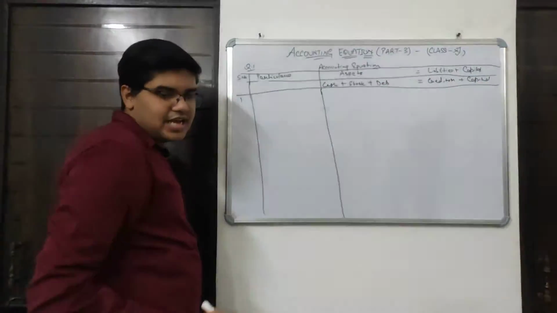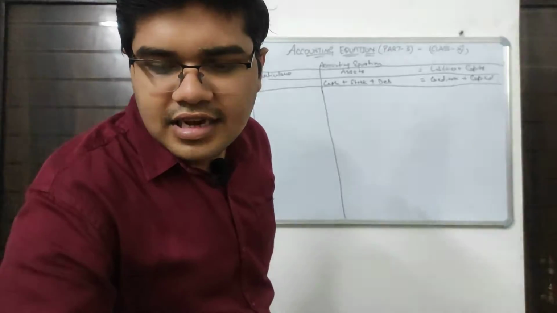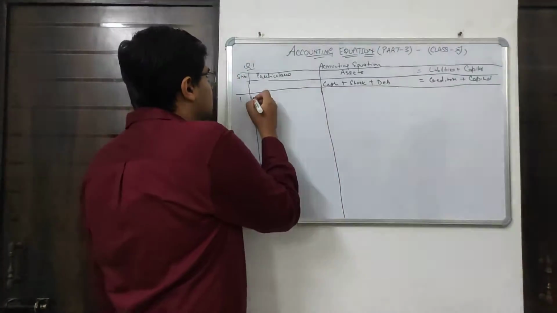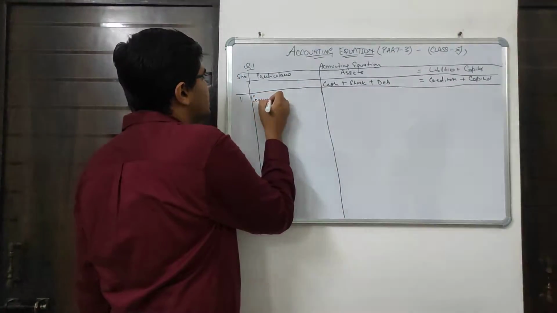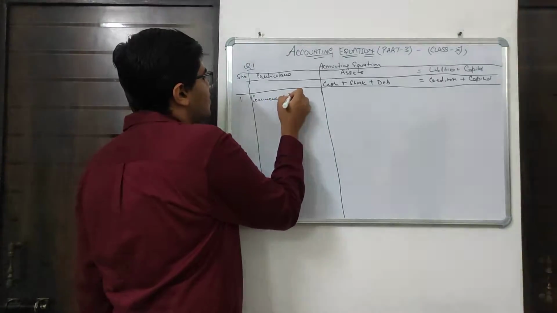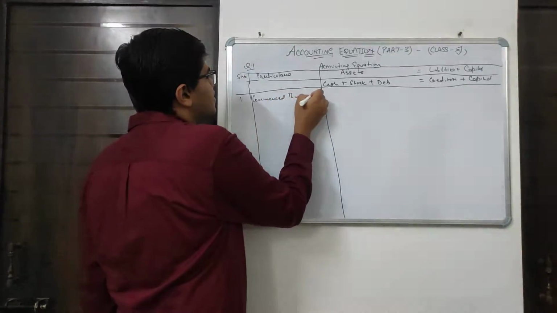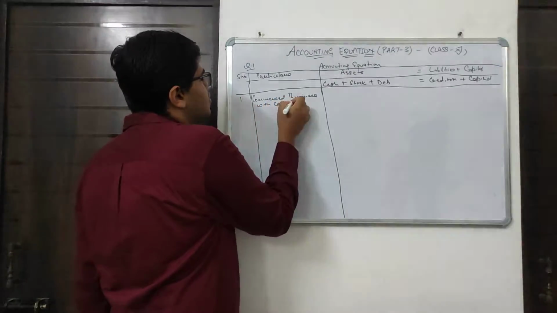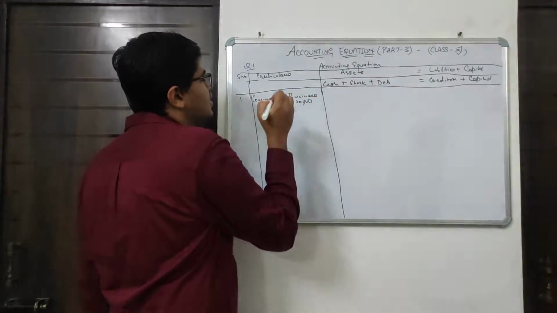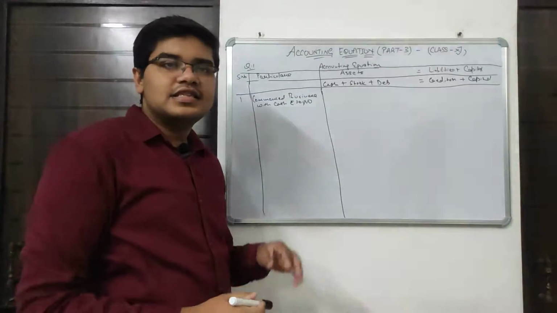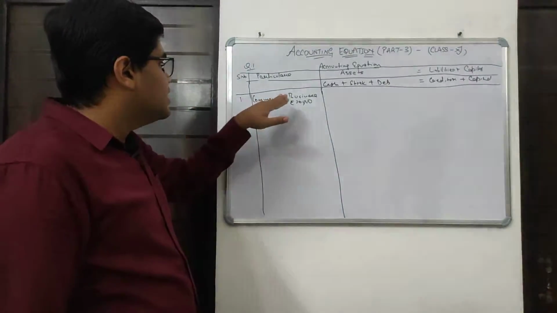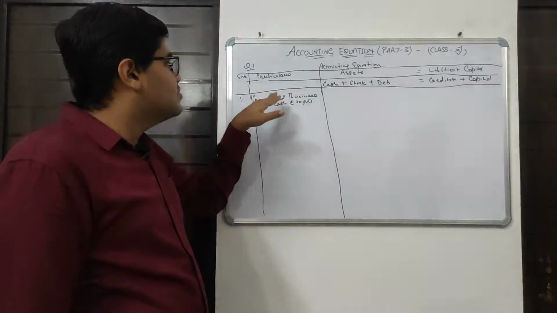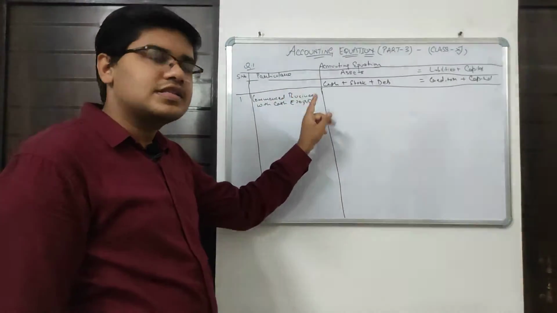So our first transaction is given, that is commenced business with cash 20,000. As the meaning of commenced is started, we can say commenced business with cash or started business with cash, the thing is same.